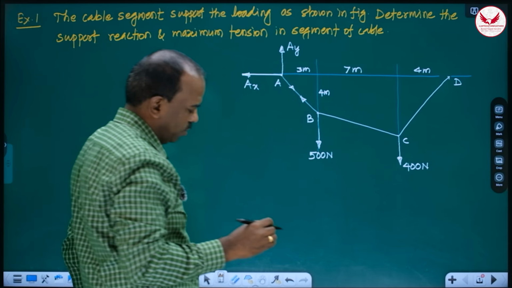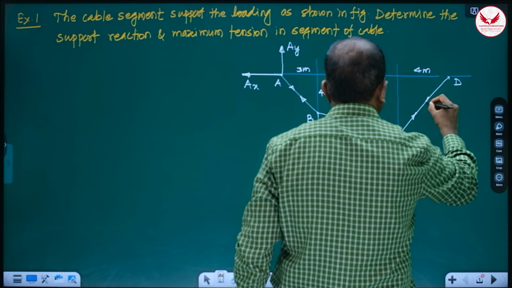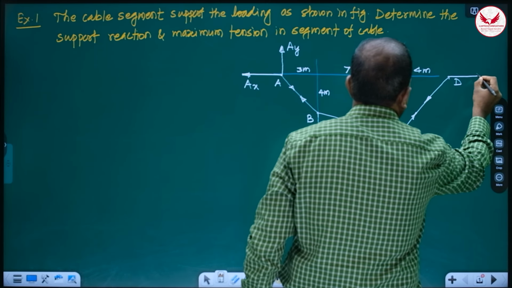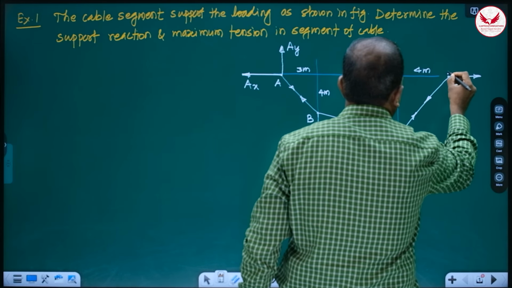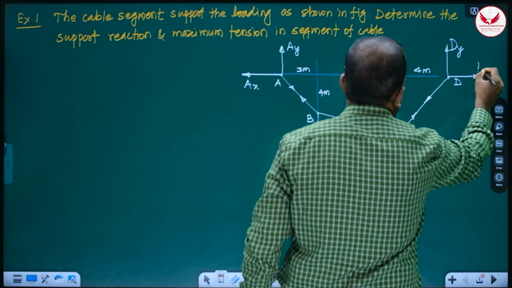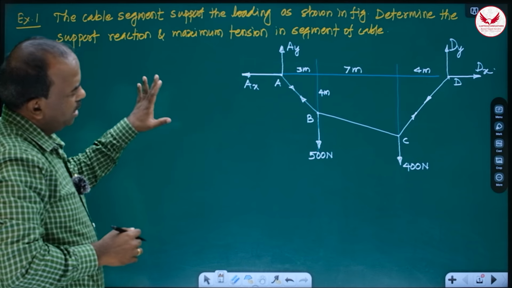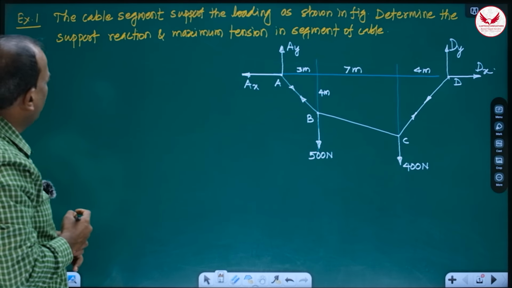Similarly, CD is also a tensile element, so DX is away, and so is DY. So AX, AY, DX, DY are the reaction components at A and D. Like this, in a simple way you have to draw the free body diagram.